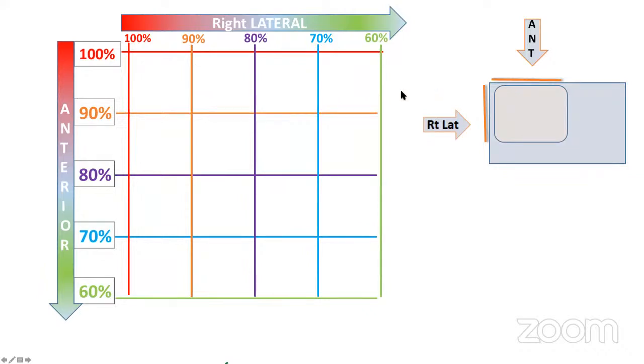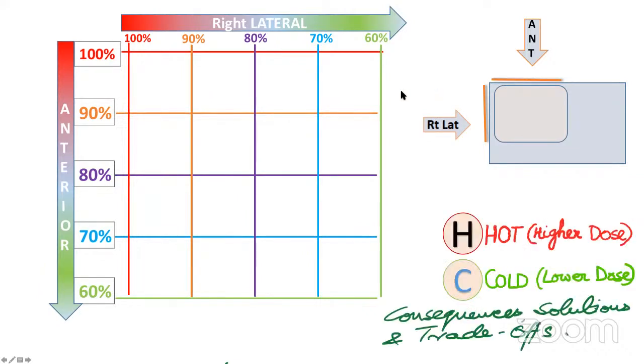So what happens is, can you all predict, those who did not hear the previous lecture, where will be the hot area and where will be the cold or lower dose? And what are the cons? First of all, you should now get it right on your own without any prompt. Maybe at least after this lecture, because when you're asked, people still struggle, where will be the hot area, where will be the cold area.